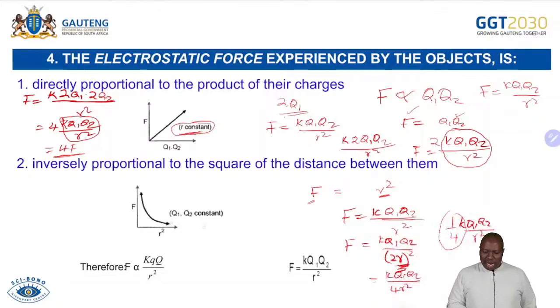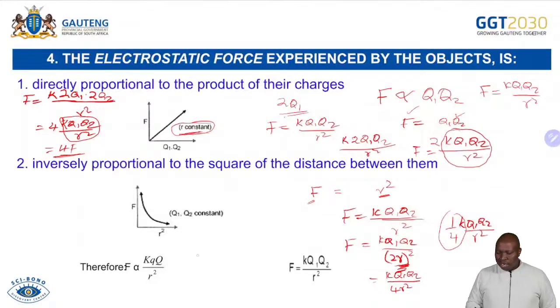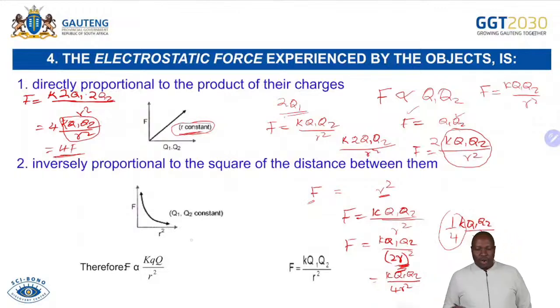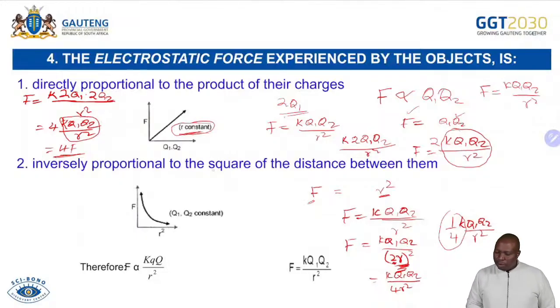But it is not linear, hence the graph is not a proportionality one. It is inversely proportional, and you can see that it's not linear because it's r squared. It doesn't mean that if you double the distance, the force will decrease by 2. It will decrease by 2 squared, because the distance is squared. The relationship is inversely proportional to the square of the distance between them. So when it comes to the distance, it must be squared.